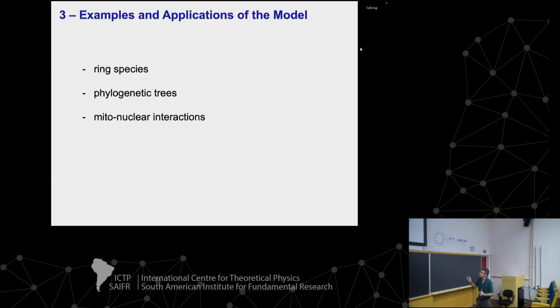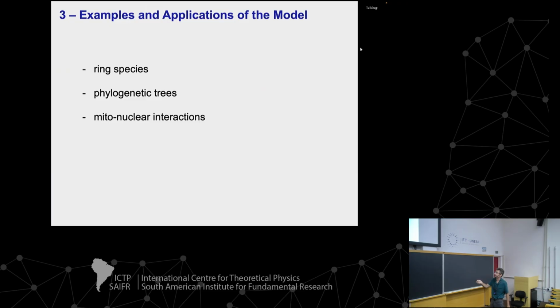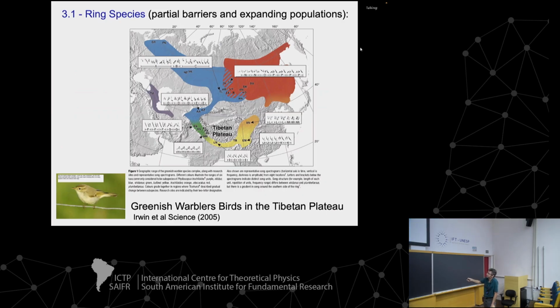So I know I have little time, but I'm going to go very quickly over three applications. One is ring species. This is very interesting. This is a paper from 2005, and it displays a species of birds called the greenish warblers in Asia.